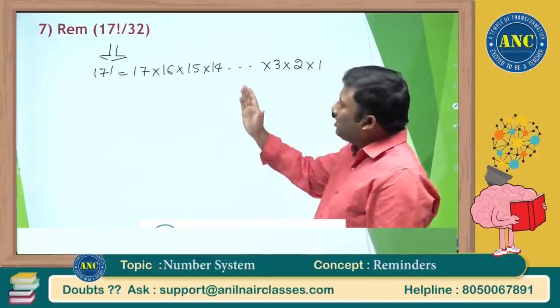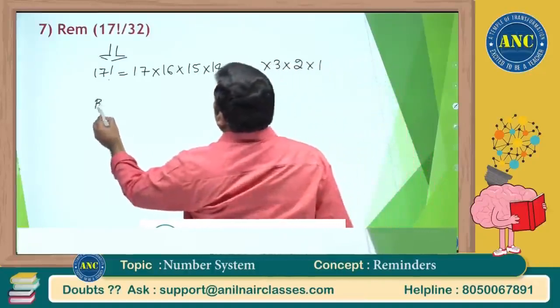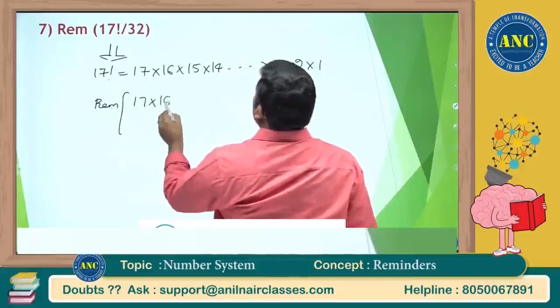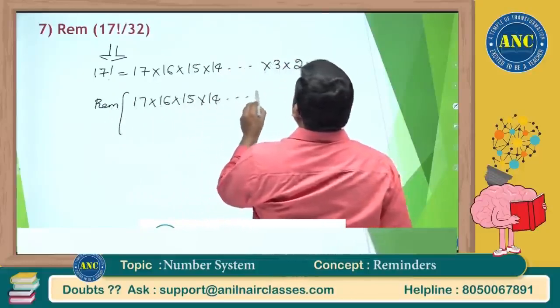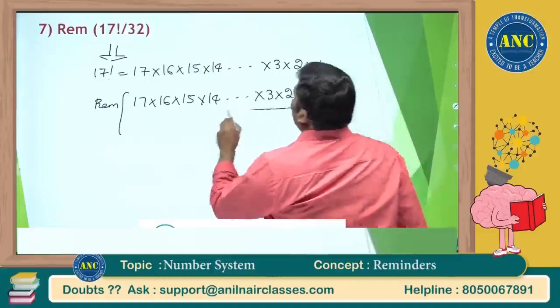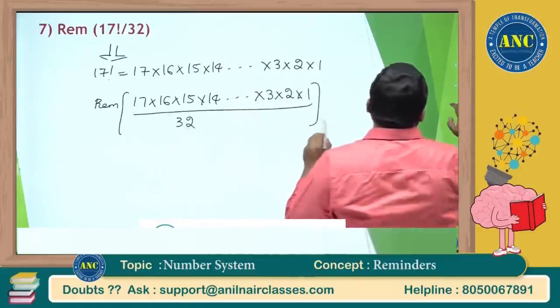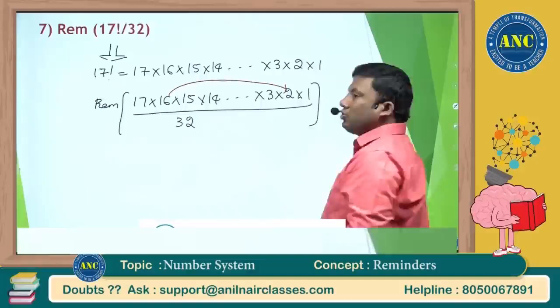So this is 17 into 16 into 15 and so on up to 3 into 2 into 1 divided by 32. These are nothing but 16 into 2 is 32.